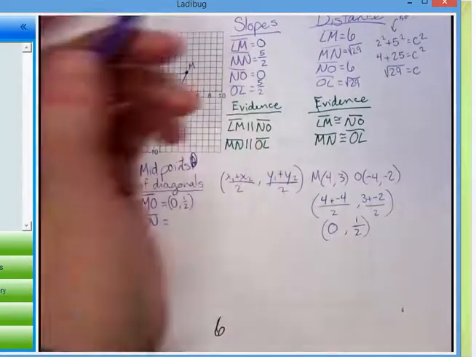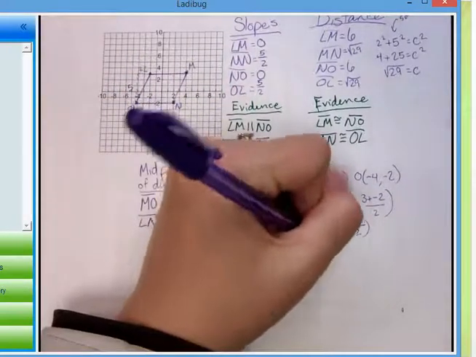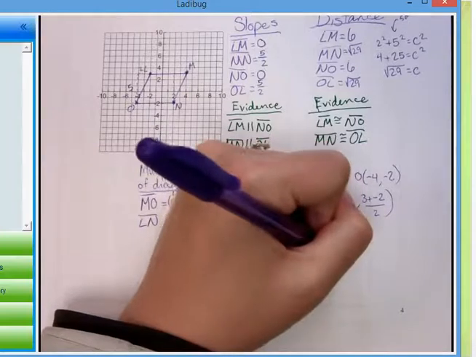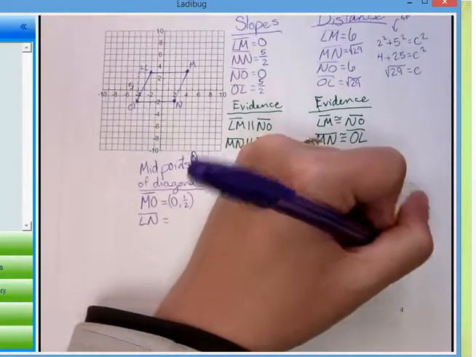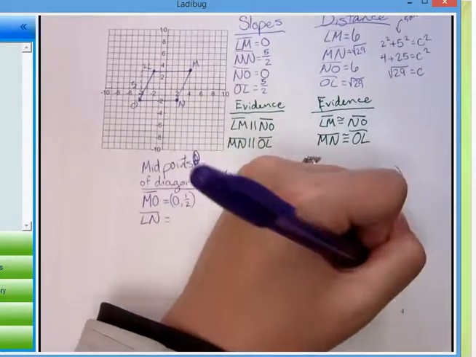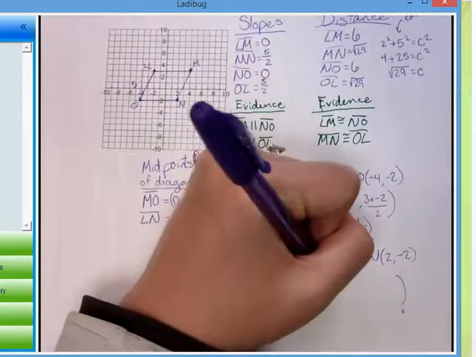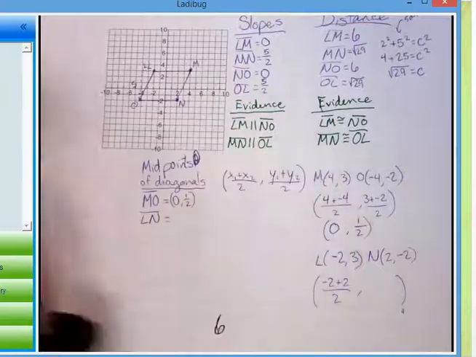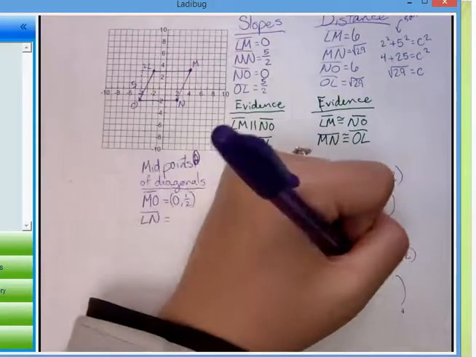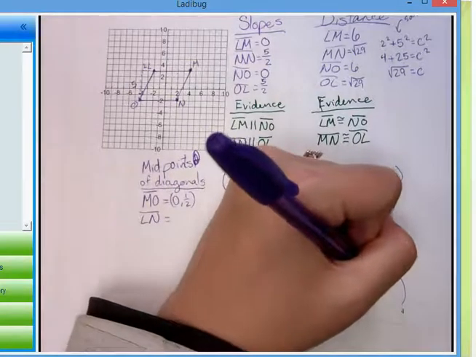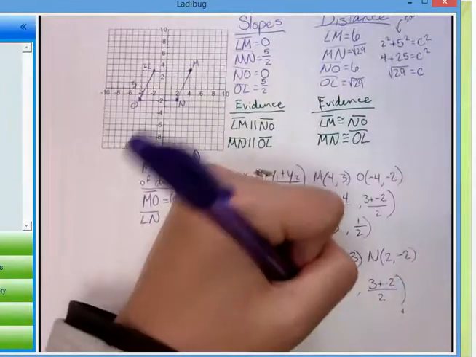And then for LN, L is -2, 3. N is 2, -2. So -2 plus 2 divided by 2. All I'm doing is plugging into the midpoint formula. And our y is 3 plus -2 divided by 2.